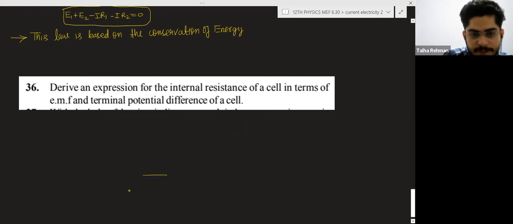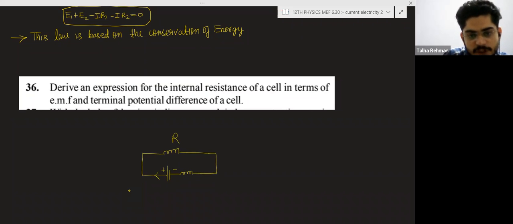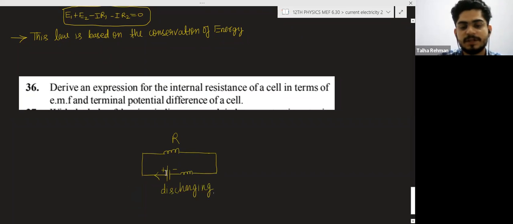The cell is represented like this, and suppose this is the internal resistance of the cell, and an external resistance R is connected. If the current is flowing from positive to negative, this is the discharging condition of the cell.